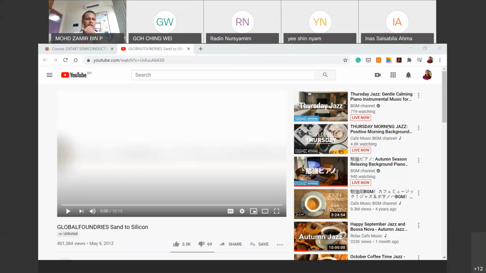Previously Chartered Semiconductor in Singapore, and then became GF, and then some of my friends would also move to New York from Silterra to join GF. Okay, so this is some summary of GF on the conversion of sand to silicon as a functioning integrated circuit. So let's just go through.